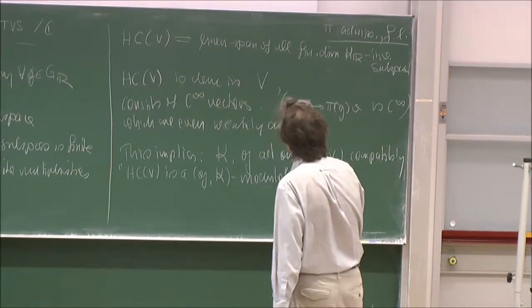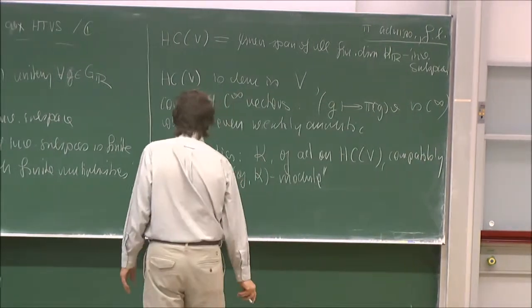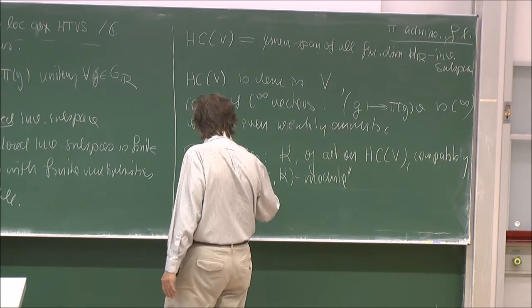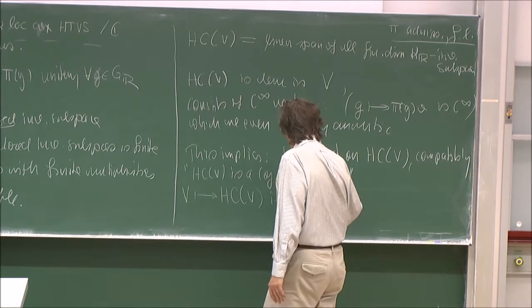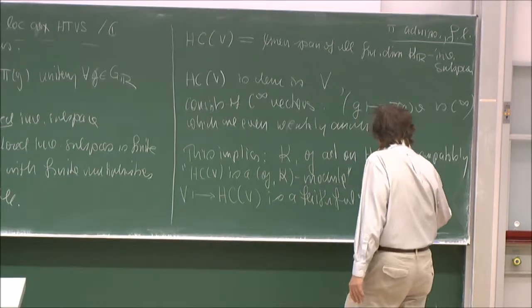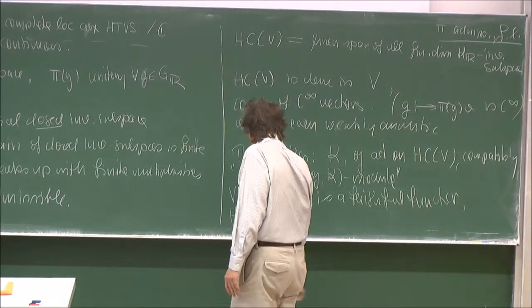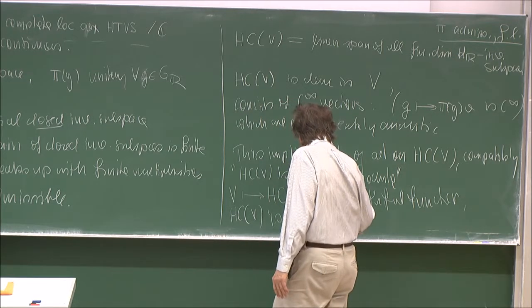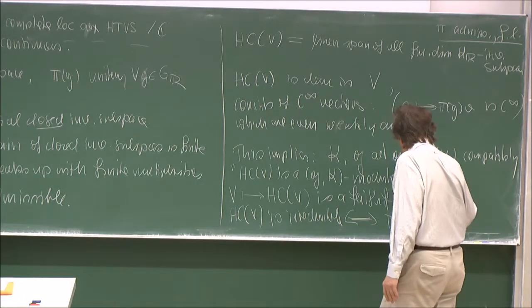And then the real analyticity implies that V goes to HC(V) is a faithful functor, and HC(V) is irreducible if and only if pi is irreducible.